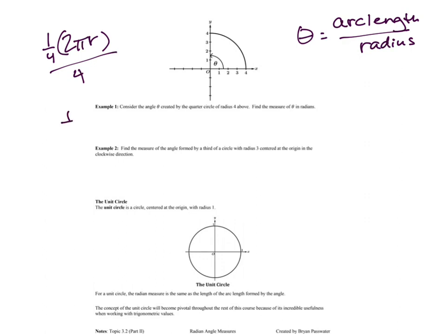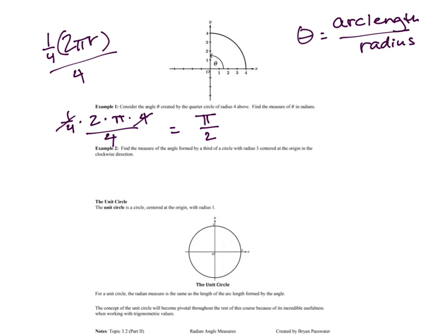1/4 of 2 pi times 4. Watch, the 4s are going to cancel. That's a 4. That's a 2. All over 4. Okay, so my quarter and the 4 on the end, the r, cancel. And I'm left with 2 pi divided by 4. Can we simplify that? Pi over 2.